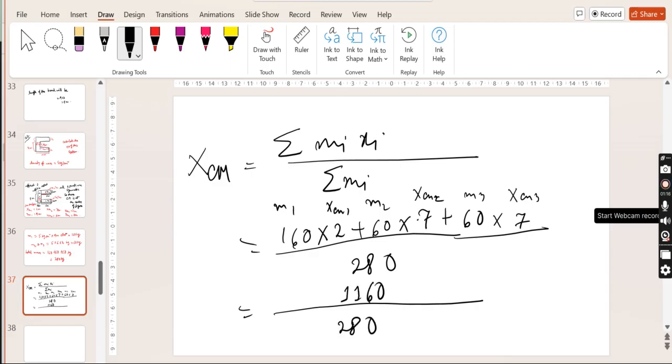When we add up all these things and divide by 280, it will be 4.14 centimeter.